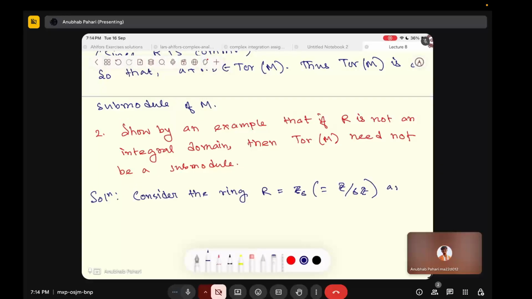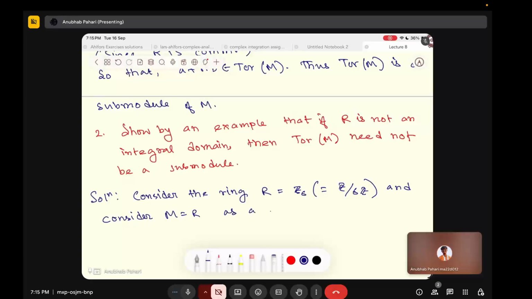And consider M equals R, that is, consider Z6 as a left module over itself.